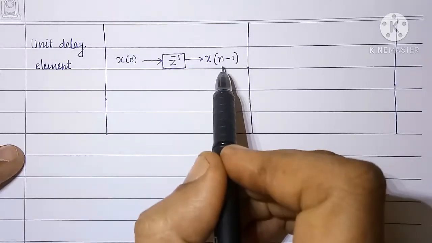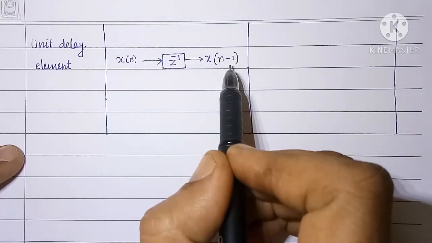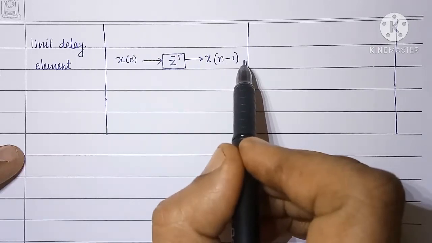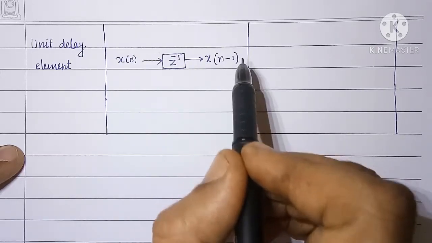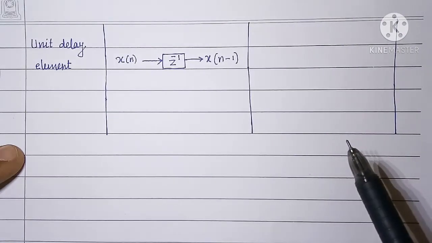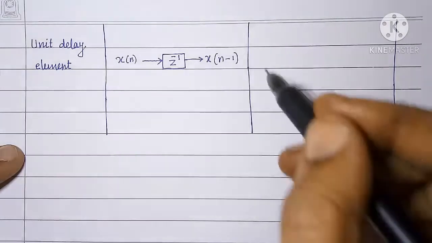If I have to get x of n minus 2, this output I have to pass through one more z raised to minus 1 box. That means I have to pass it 2 times through z raised to minus 1 box.